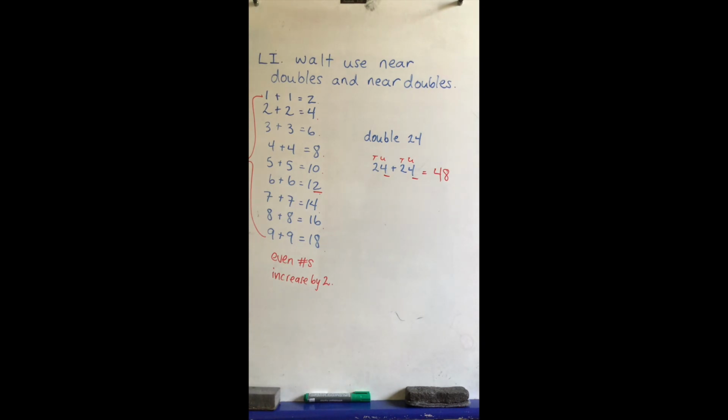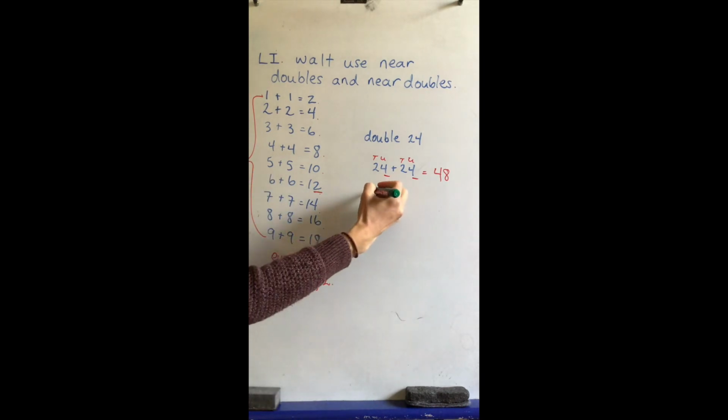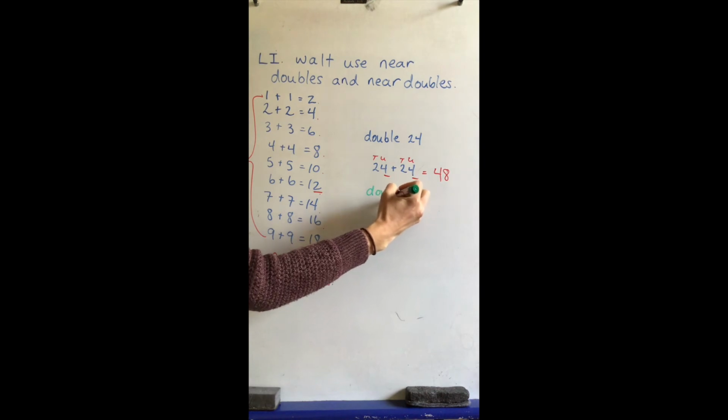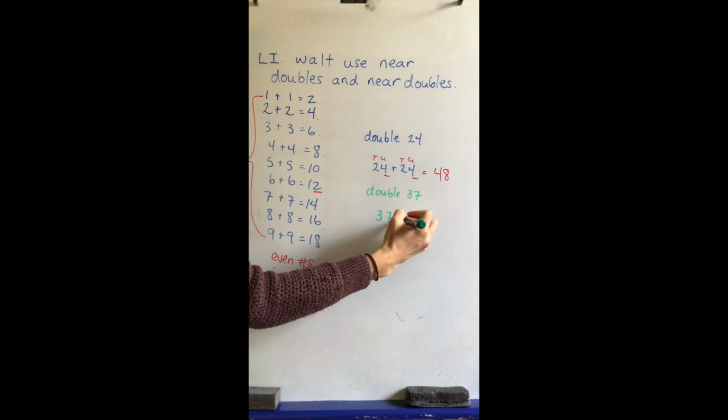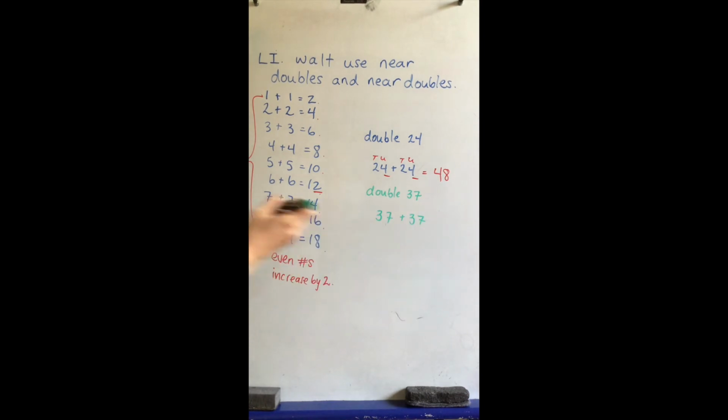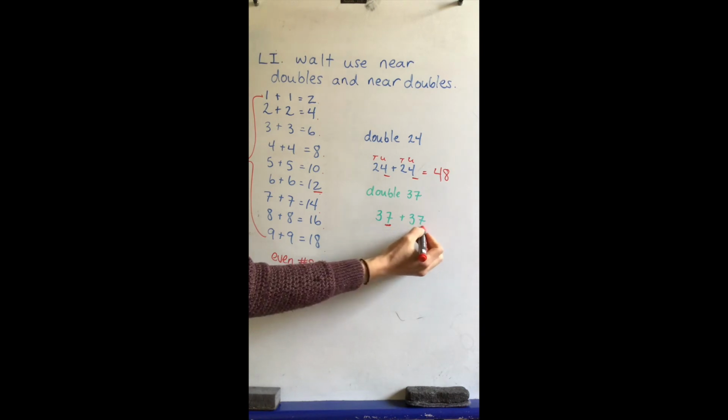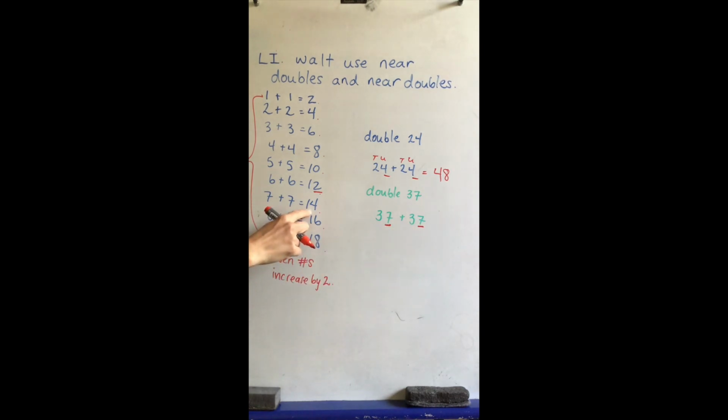Or if we were going to double something a bit bigger, say we wanted to double 37, 37 becomes a little bit more complicated because if I double my 7's, I'm actually going to get 14.